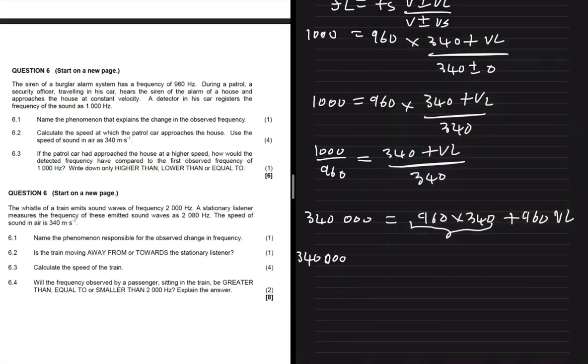340,000 minus 960 multiplied by 340 equals 960 VL.